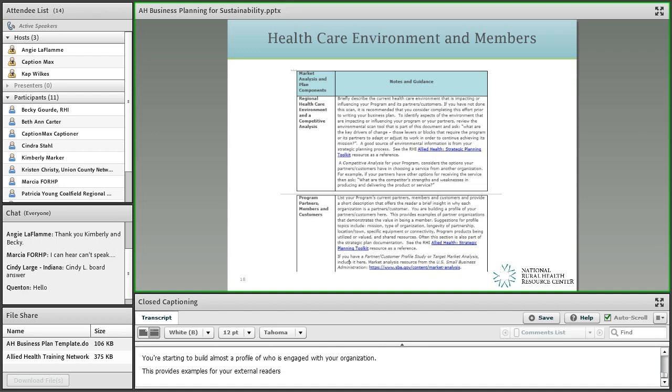You might have a completely different looking image that's maybe circular because you have a very cooperative and collaborative decision-making structure within your network or your program. So it's always up to you what goes into this piece of your business plan, but it's certainly nice for your external readers to be able to quickly understand how decisions are made or who reports to whom.